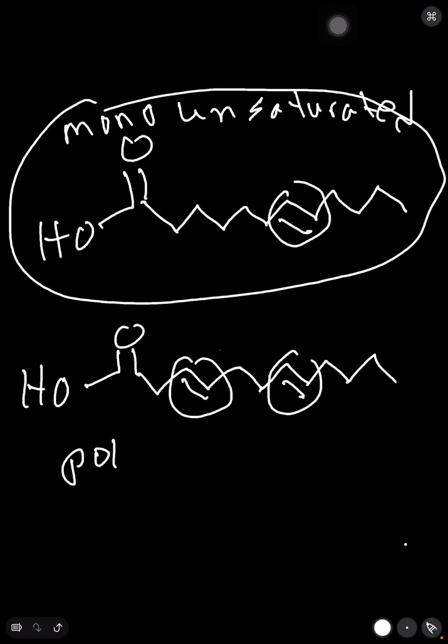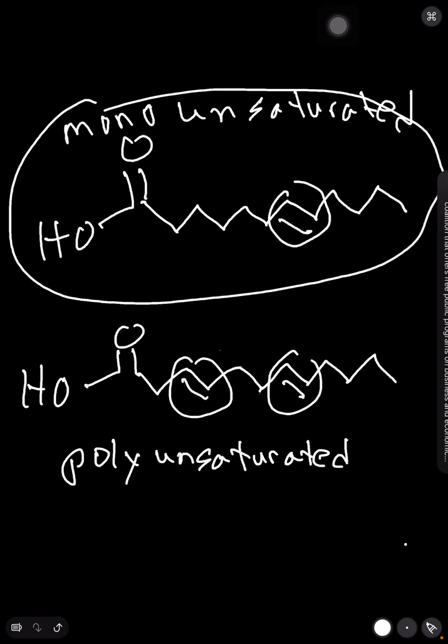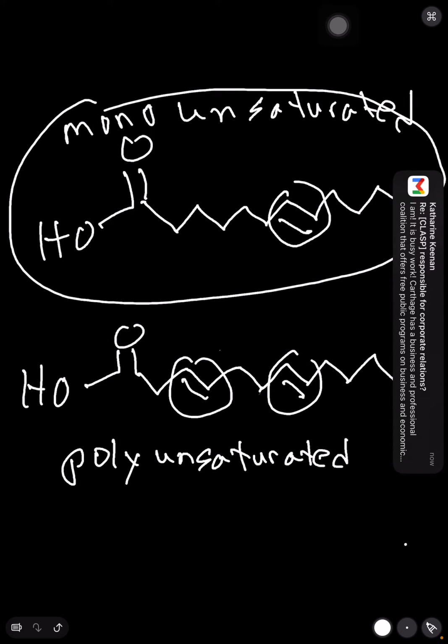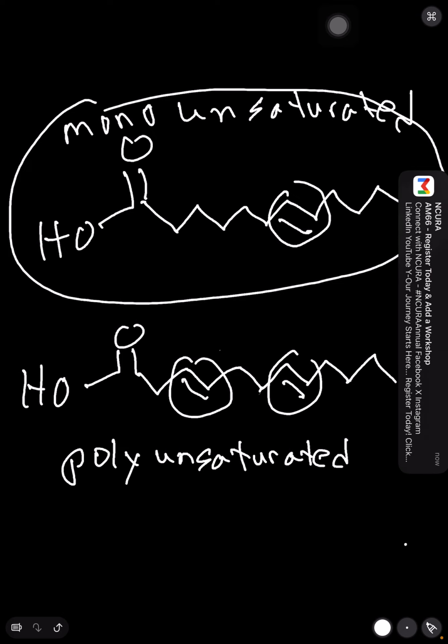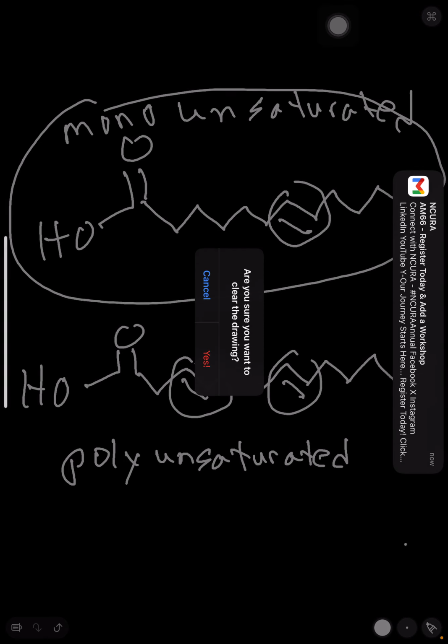If it has 2 or more, it's called a polyunsaturated fat or polyunsaturated fatty acid. Polyunsaturated fat is just, or saturated fat, etc. Those are shorthand ways of saying fatty acids. All right? All right. Not done with the unsaturated ones yet.